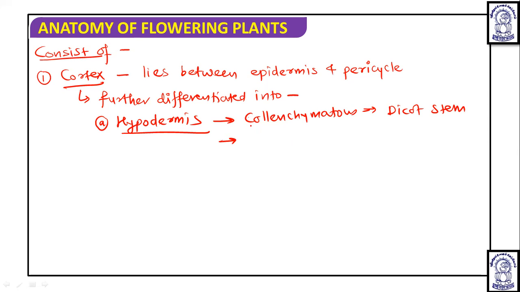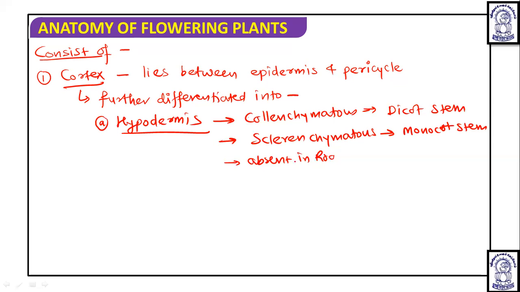And this hypodermis is sclerenchymatous, or made up of sclerenchyma, in the monocot stem. And this hypodermis provides strength, but it is absent in root and found in stem.